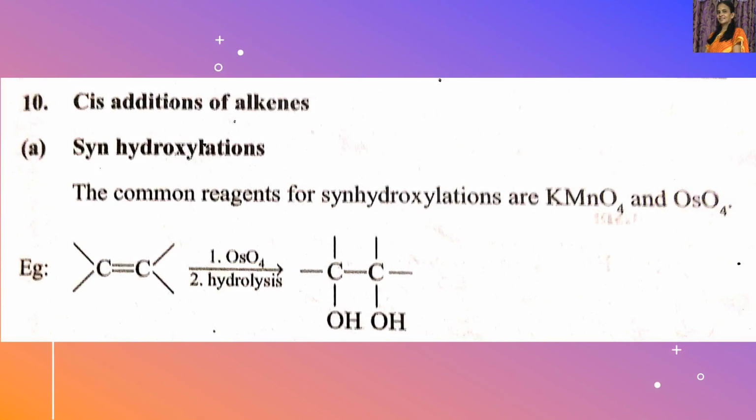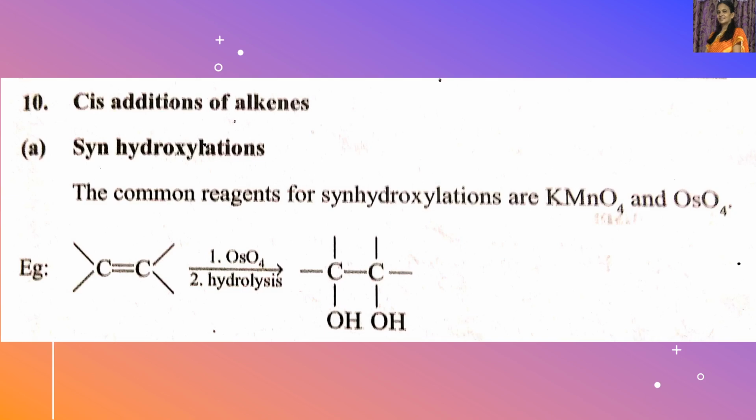Now let's see the next chemical property of alkenes, that is cis addition of alkenes, syn or cis addition. The first example we are going to consider is syn hydroxylation. Hydroxylation means addition of OH only.